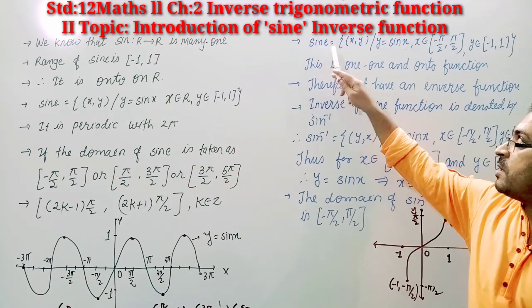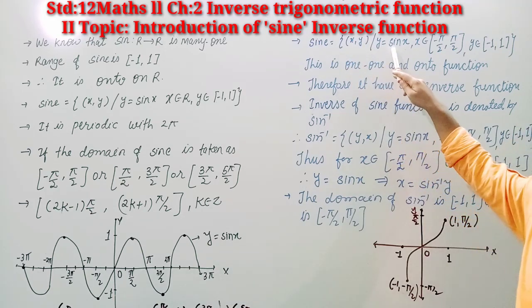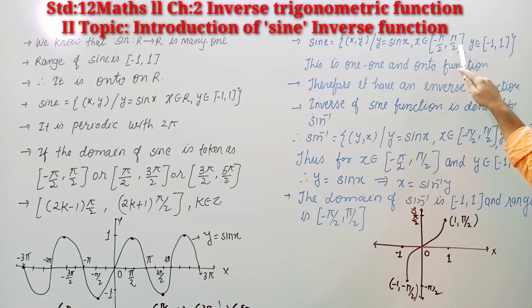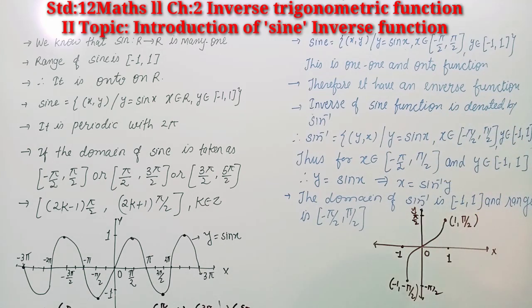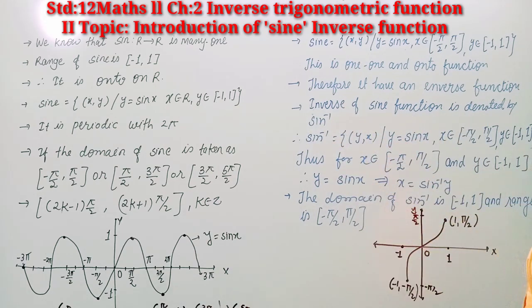The sine function, this part is domain, this part is codomain, and if you are taking the value of minus pi by 2 to pi by 2, the range will be minus 1 to 1. This is one-one and onto function, therefore it has an inverse function. Okay students, so inverse of sine function is denoted by sine inverse.